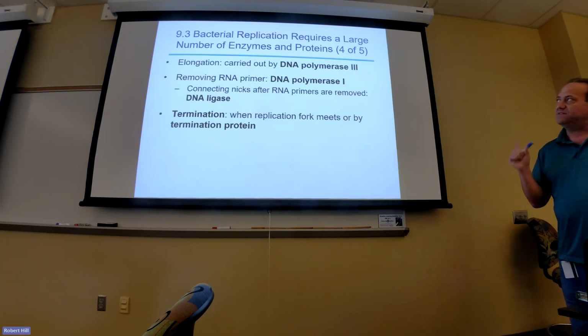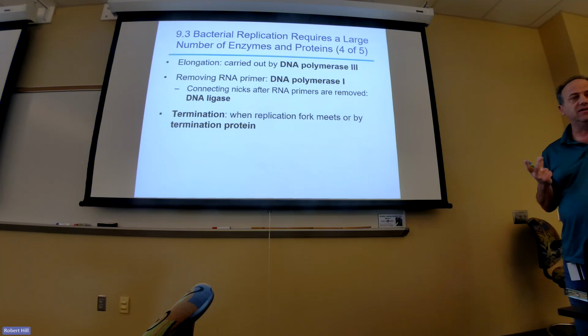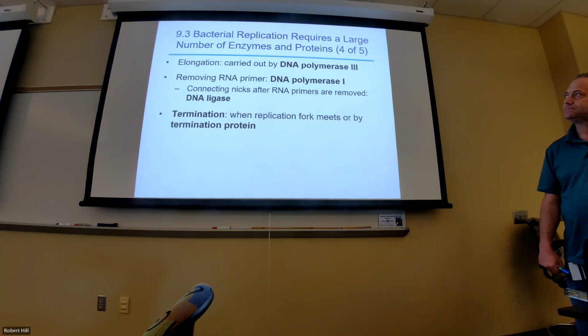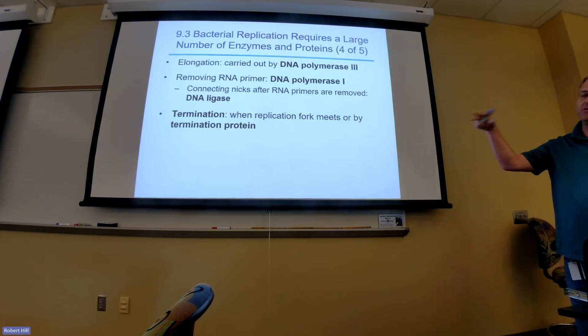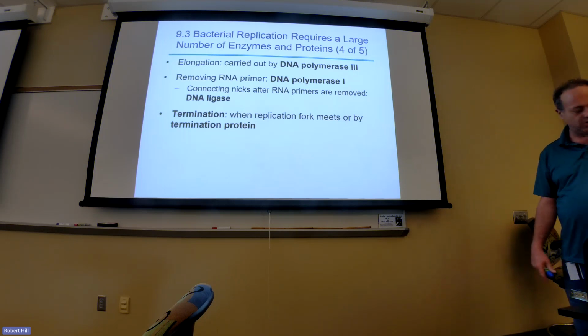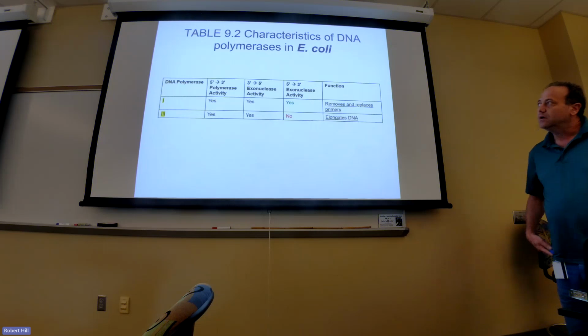All right, so DNA pol 1 will come in and use its exonuclease activity to eat up the primers, and it will use its own polymerase activity to replace the primers with DNA. Also, after elongation, you reach a termination point, where a termination protein could be found.